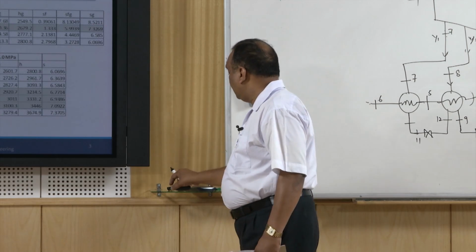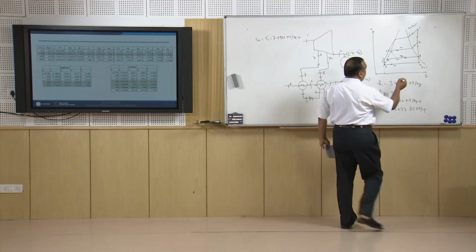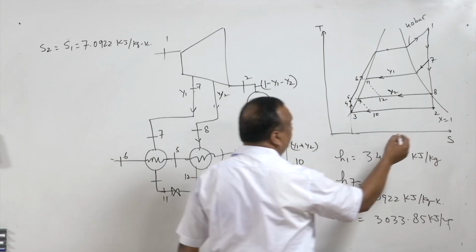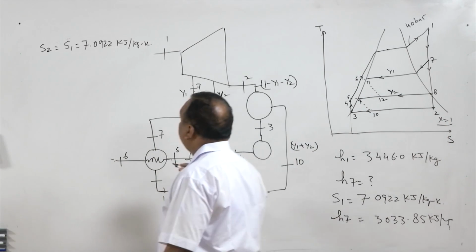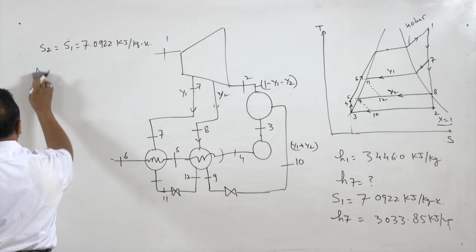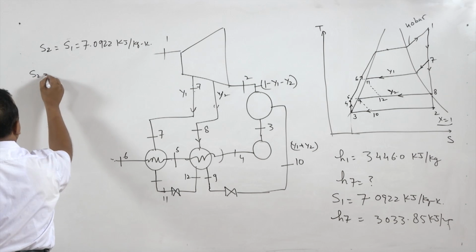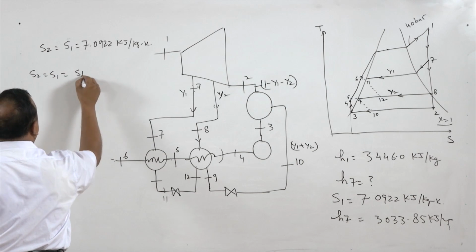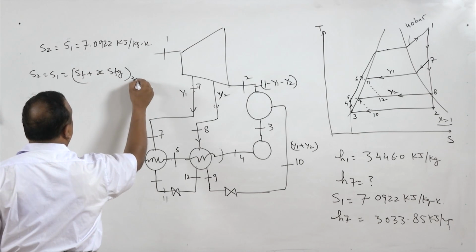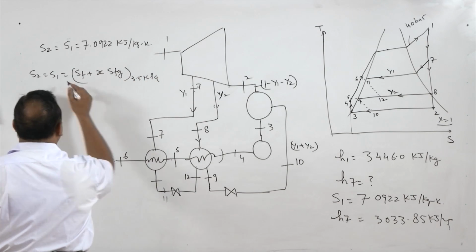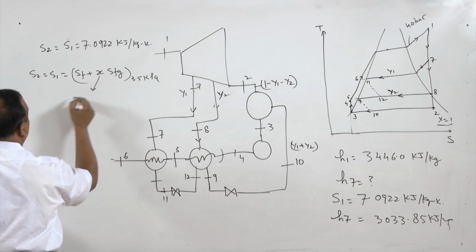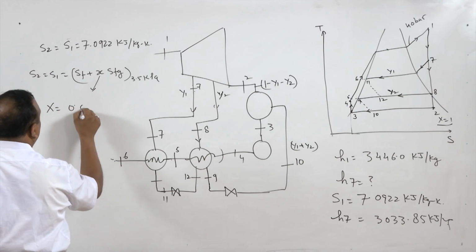It means after expansion, at state 2, the vapor is wet, its quality is less than 1, right. So, S2 is equal to S1 is equal to SF plus X SFG at 3.5 kilopascal, and this will give you the value of X, which turns out to be 0.824.